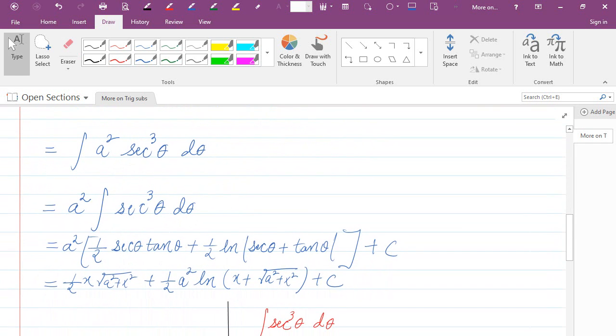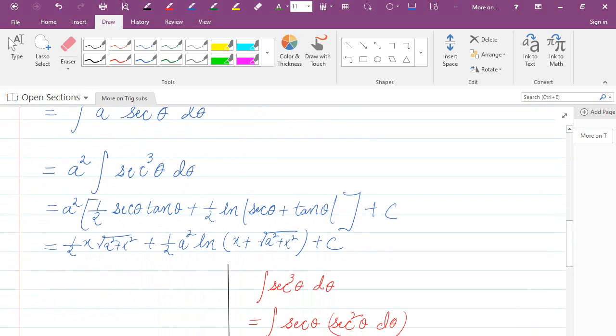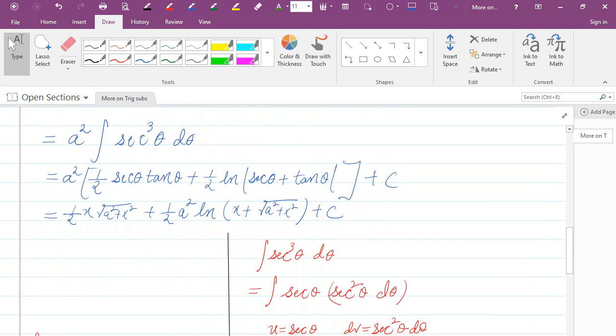Now we can take the a squared outside of the integral, so then I get the integral of secant cubed of theta d theta. So now it's a problem where we have to integrate secant cubed of theta.